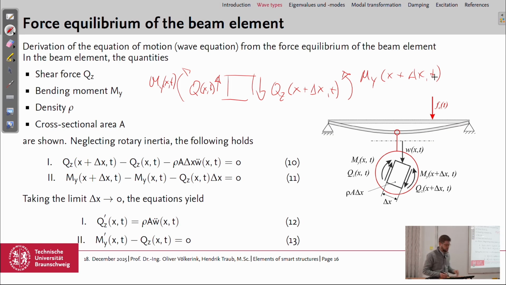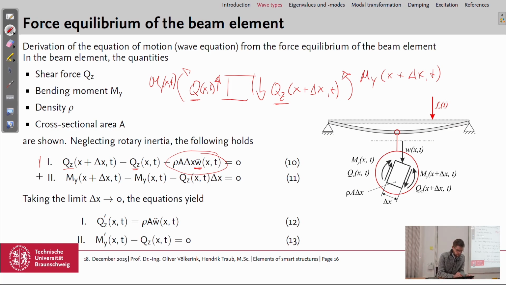And then we can have a look at the equilibrium again, like with the particle from the longitudinal wave. Again, the shear force at this place minus the shear force at this place has to equal the inertial forces of the element. We have here the mass, so A times delta x is the volume, times the density is the mass, times the acceleration of the particle we look at.